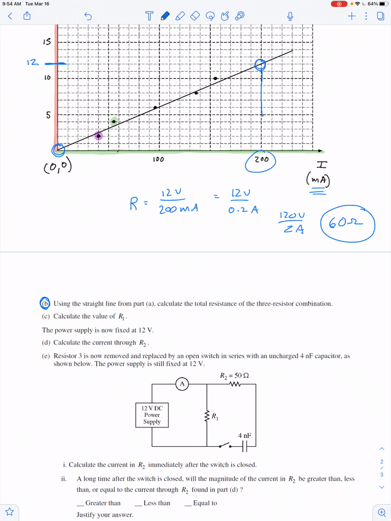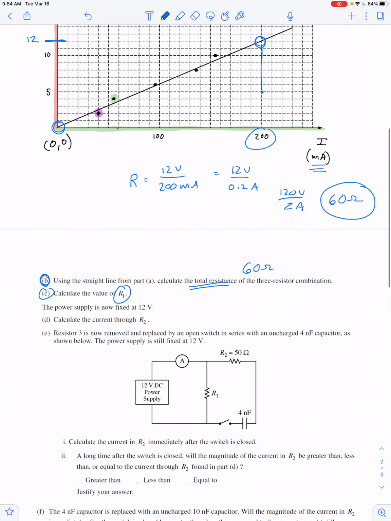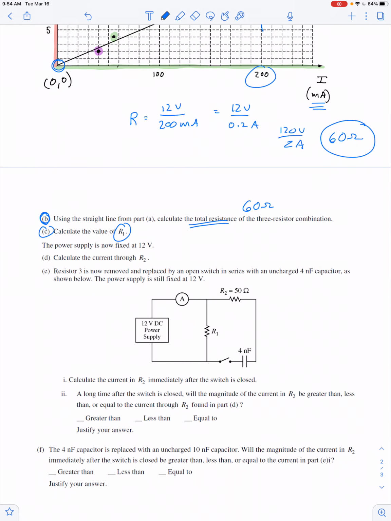We've answered part A. Part B is calculate the total resistance of the whole circuit. That's the 60 ohms we found. But now we've got to figure out what's the value of just this R1. So resistors in parallel, right? We got 1 over 60 is equal to 1 over R1 plus 1 over 100.